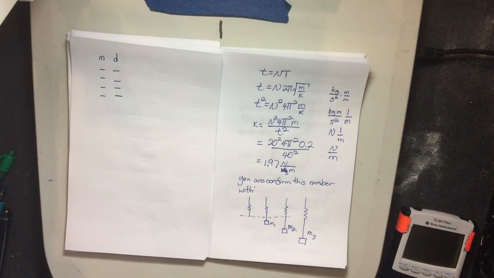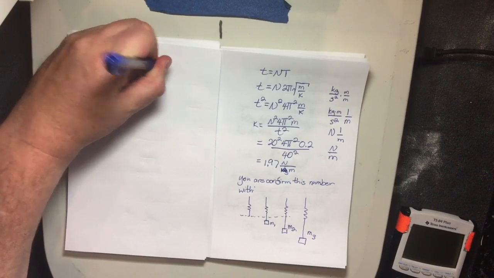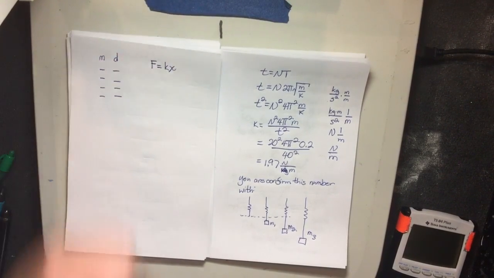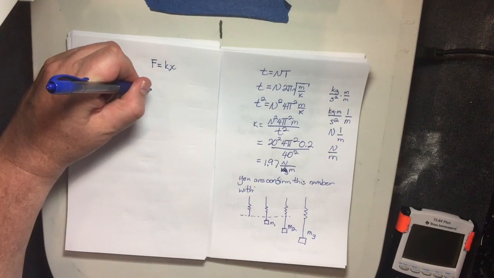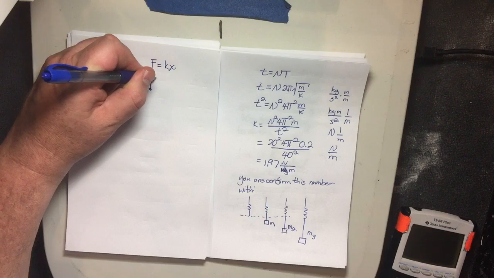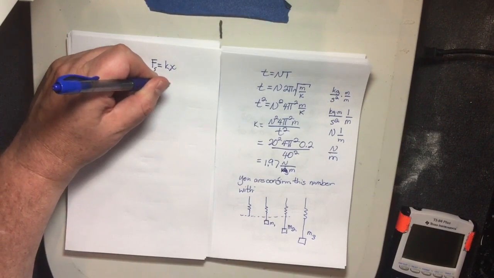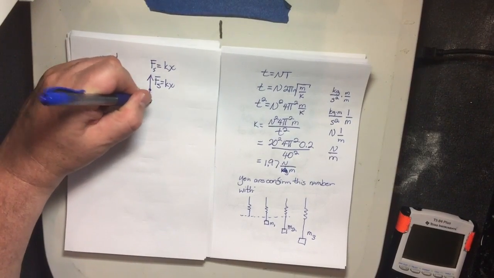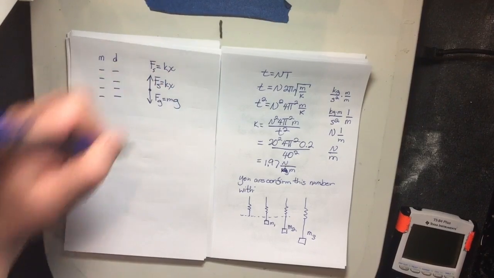When you understand that F is equal to Kx in terms of the magnitudes, when this thing stretches, you have the force of the spring, which is Kx up, and the force of gravity, which is mg down.